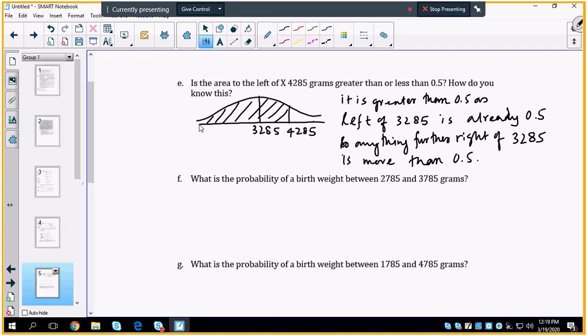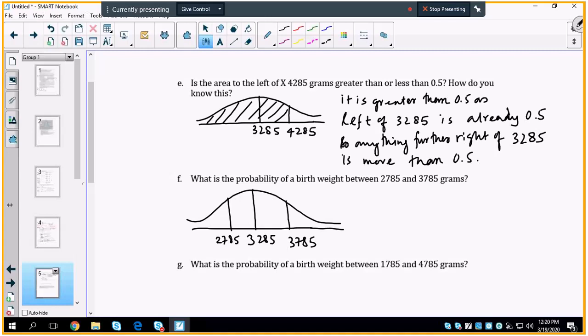What is the probability of a birth weight between 2785 and 3785 grams? Well, normal distribution, and I have the mean at 3285, and this is 3785 on the right, whereas 2785, as you can imagine, will be on the left of the mean.